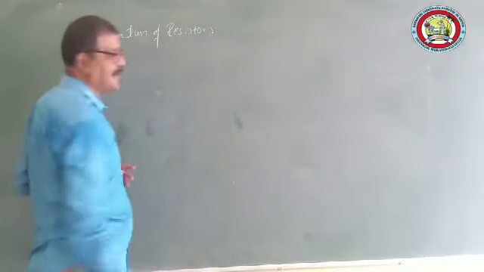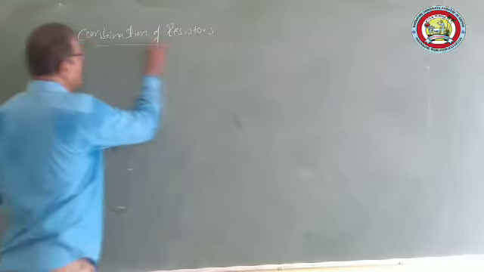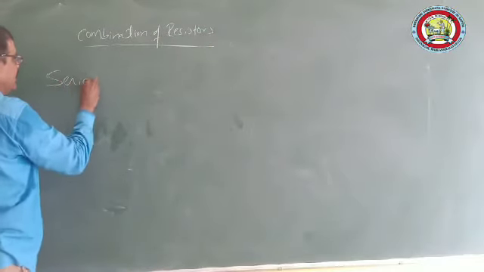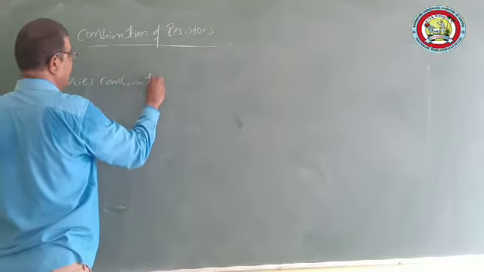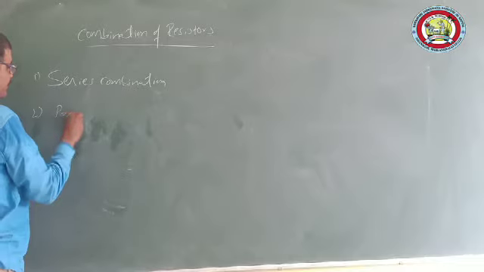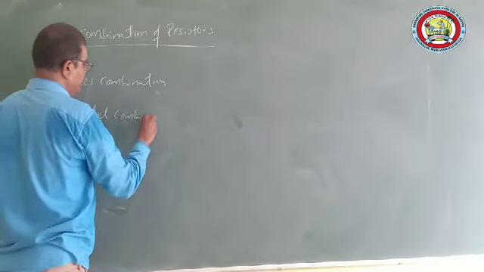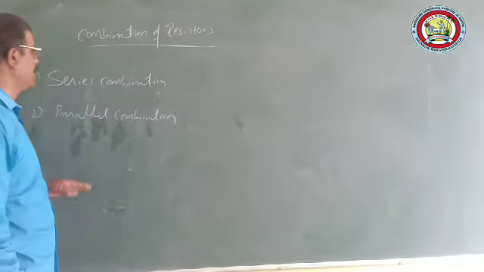We have two types of combinations. What are the two types? The first one is series combination. The next one is parallel combination.